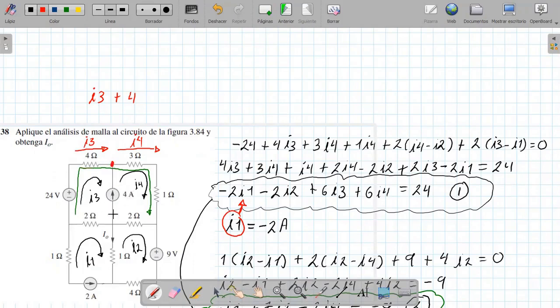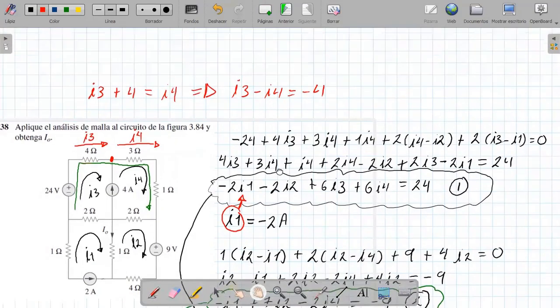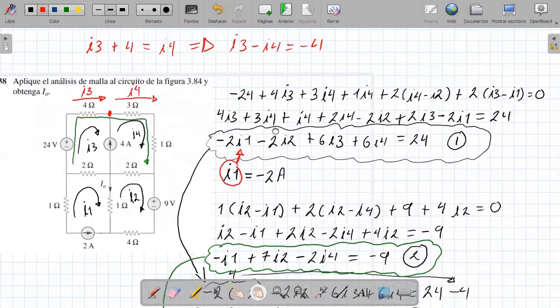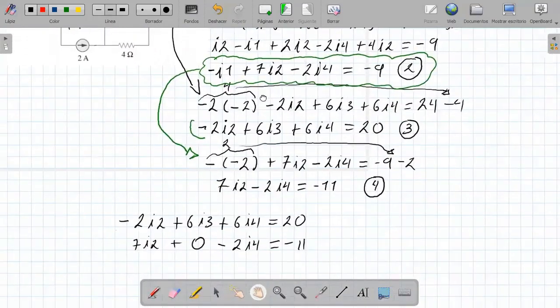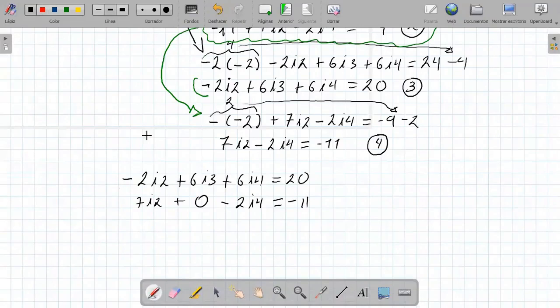The value of the current of this wire 4 is going to be equal to the current N4. Since we are working with meshes, it would be N3 minus N4 equal to minus 4. I passed this to the other side, so N3 minus N4 equals minus 4.